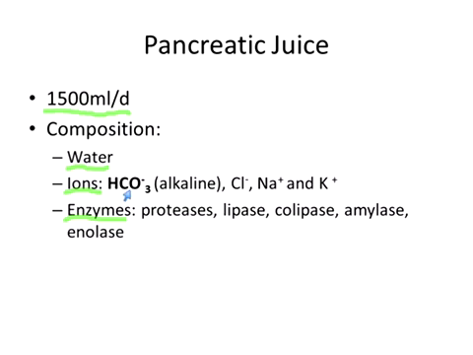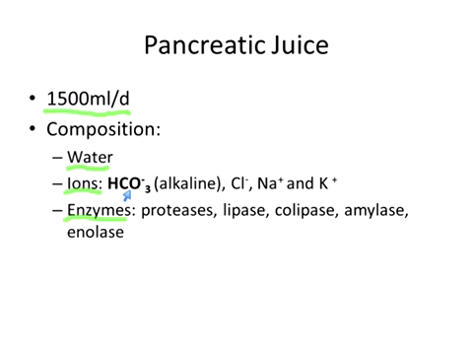The alkalinity of pancreatic juice is important for two reasons. The first one being the neutralization of the acidic contents that enter the duodenum from the stomach. If the acidic contents of the stomach were not neutralized, they would undoubtedly cause chemical injury to the lining of the duodenum.